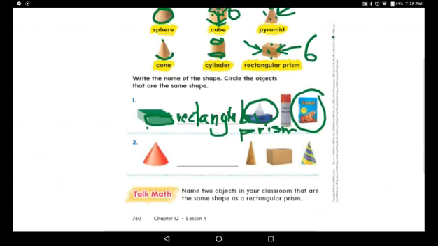Now, look at the second question. Look at this shape. I have one point, I have one circle face, and one curved surface. Not face because it's curved. Okay? What do we call this shape? We call it cone. Great job.